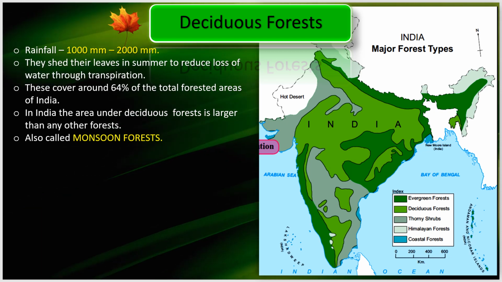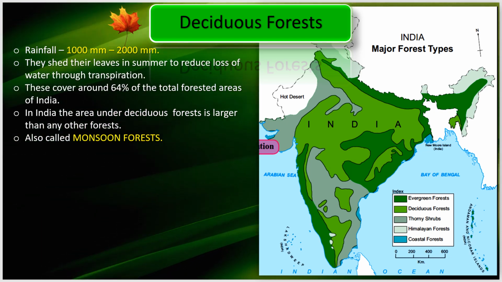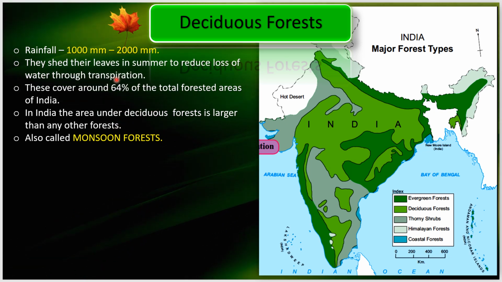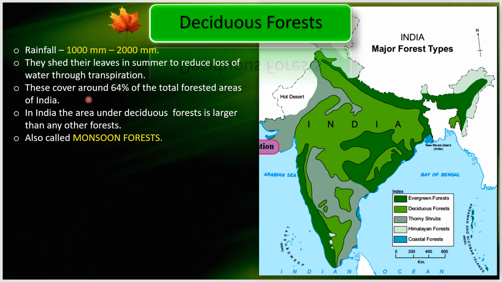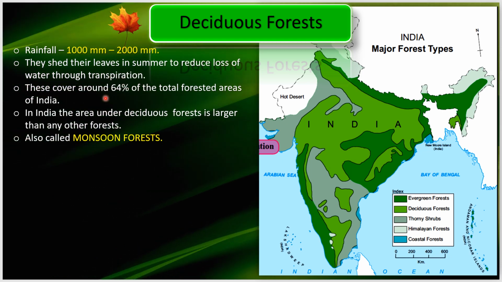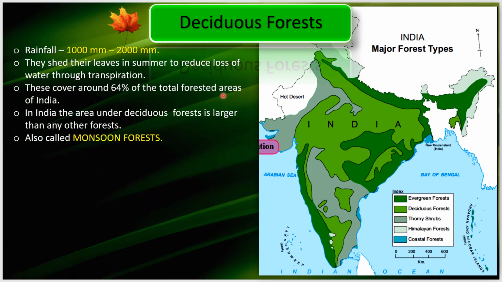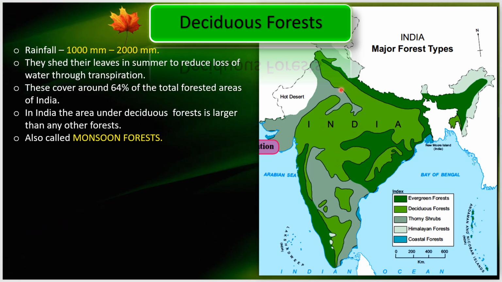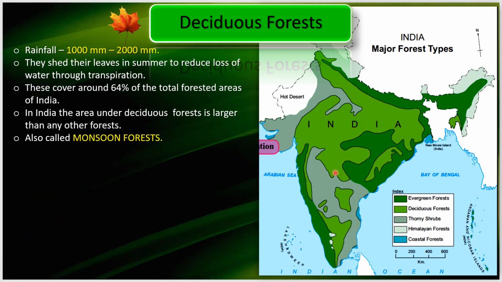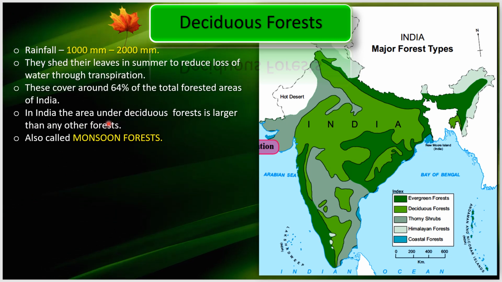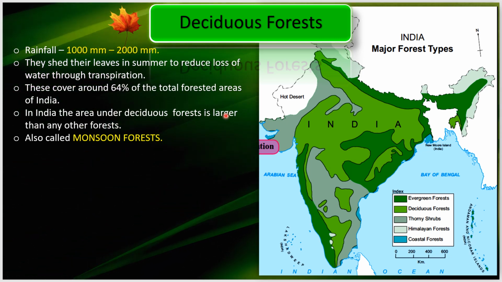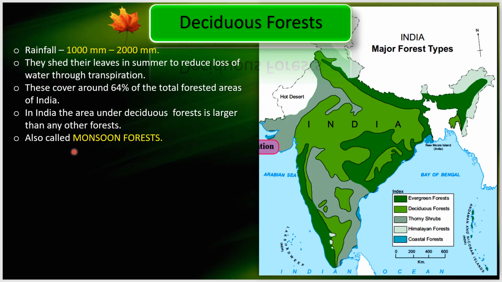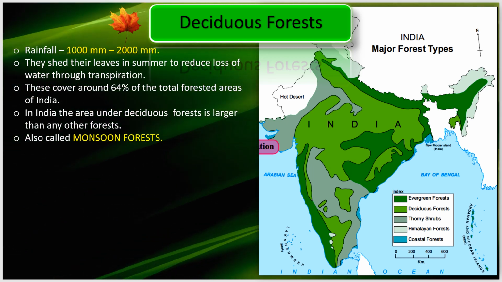The trees shed their leaves in summer to reduce loss of water through transpiration. These cover around 64% of the total forested areas of India. So I've already told you that they occupy a major chunk of India. In India, the area under deciduous forest is larger than any other forest. They are also called monsoon forests.